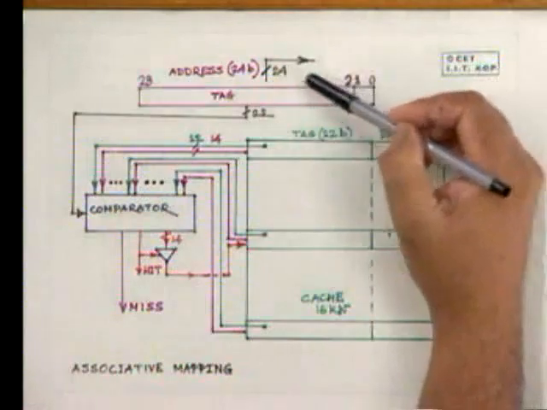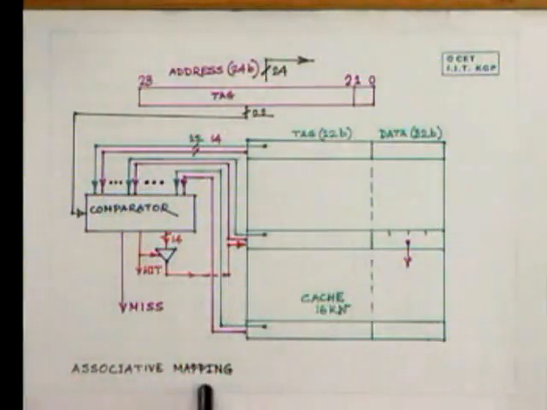Now let us see how this associative mapping works.